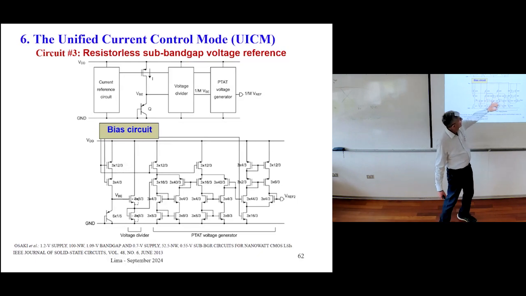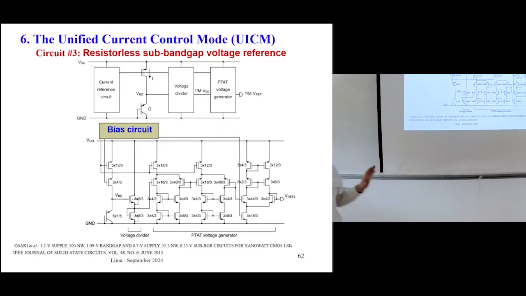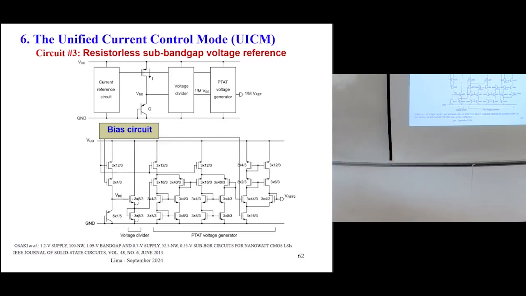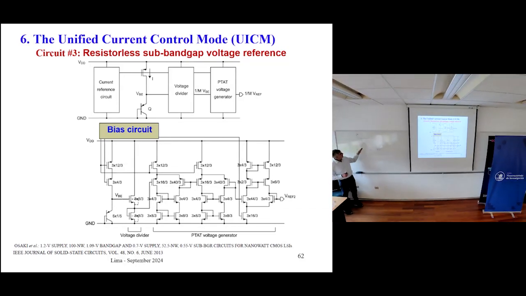And these blocks generate that voltage. The basic idea is exactly the same as I showed before. You have a CTAT voltage, then you generate that voltage, which added to the CTAT voltage gives rise to a constant voltage.